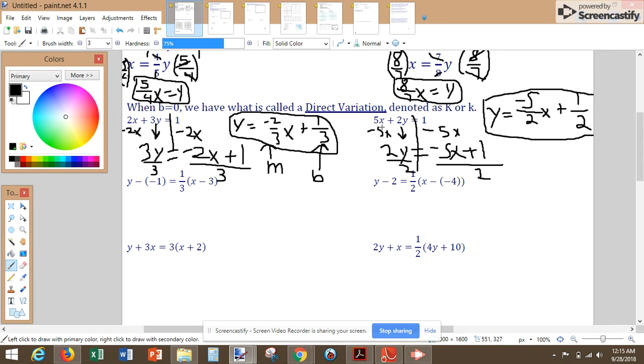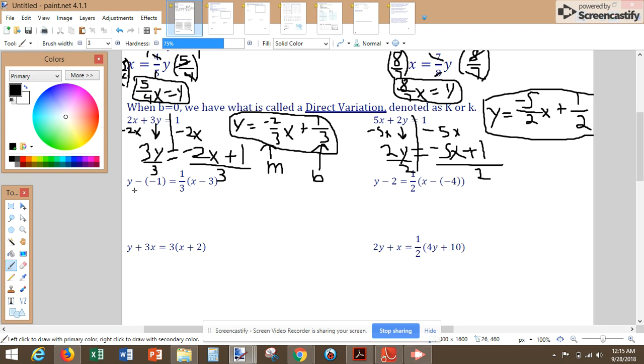We subtract 5x from both sides of the equal sign because we want to get y by itself. Carry down the 2y. To get rid of that times 2, we're going to divide by 2 on both sides of the equal sign. Decompose the fraction into two parts, and that's your answer.